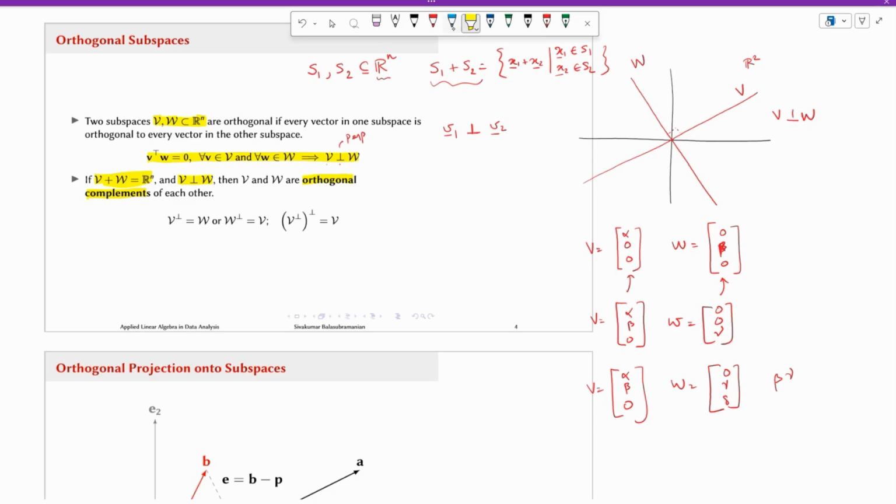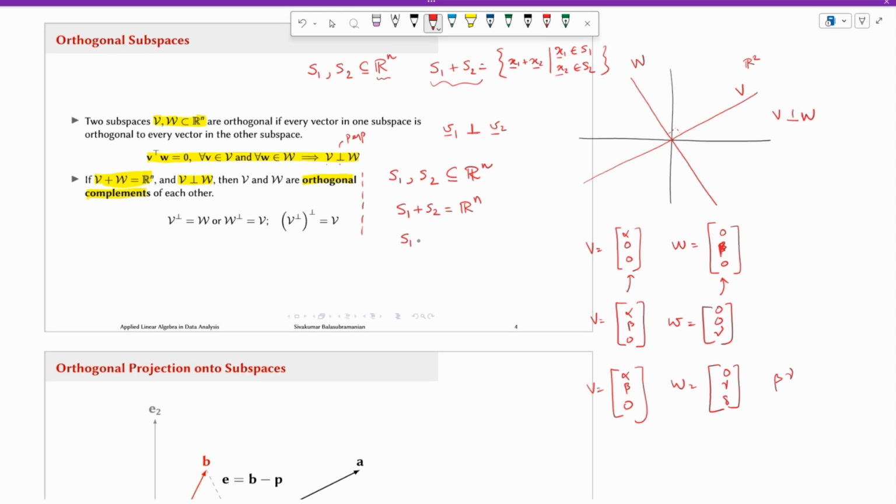In fact, we could have defined complementary subspaces earlier. I don't think we talked about it before. So if you have two subspaces S1 and S2, which are subspaces of Rn, the two of them together will produce all of Rn.